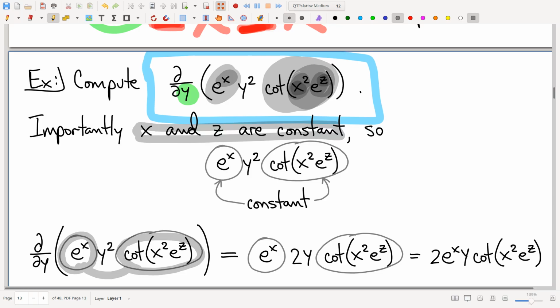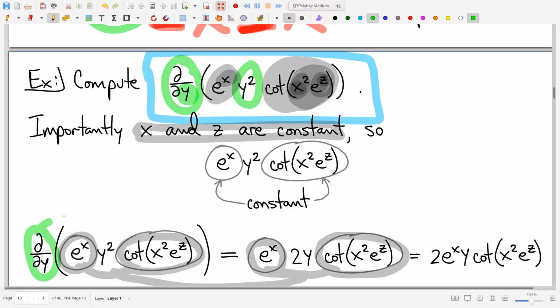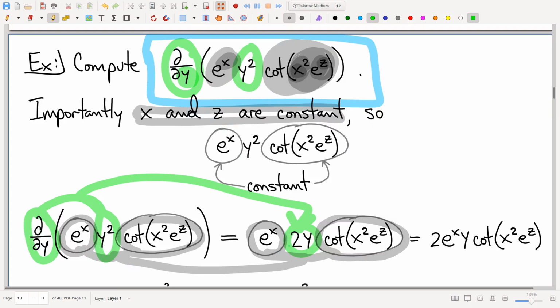This great big massive constant, as multiplicative constants do, just kind of comes along for the ride. And the actual action of taking a partial of y squared is easy. Partial of y squared with respect to y is 2y. Boop, done. Everybody on board? Gotta love it. Nice and easy.